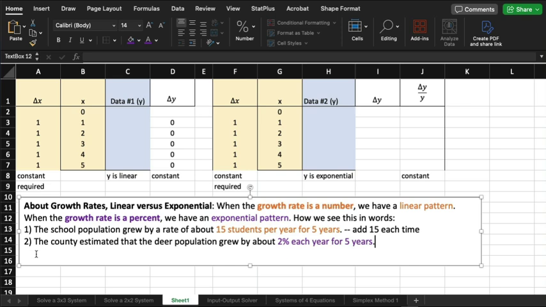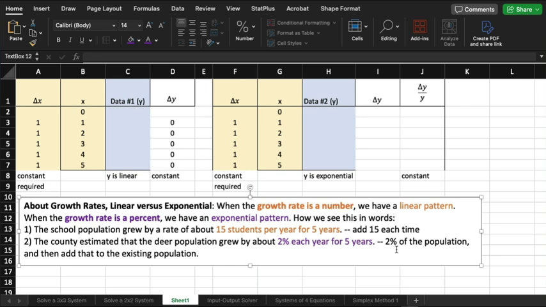In the second situation, the county estimated that the deer population grew by about 2% each year for 5 years. So we're still going to be adding something, but before we do the addition, we have to multiply. So we have to take 2% of the population and then add that to the existing population. Right? Just think about the situation here. You're growing by 2% each year.